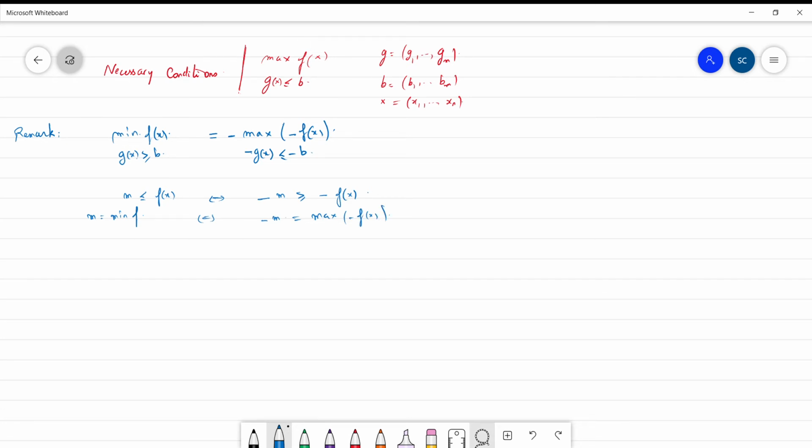So minus the minimum will be the maximum of minus f of x, the minus of the maximum. So by studying this set of problems, we are including the other possibilities.